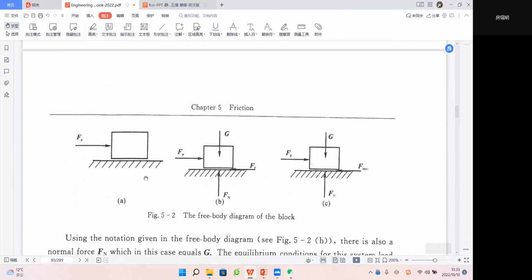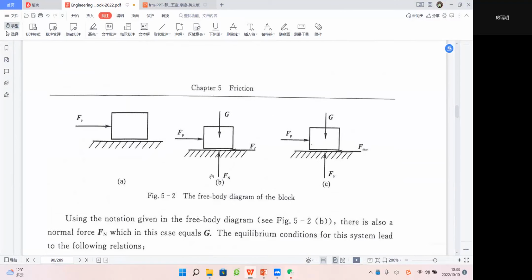So you can see this picture. Imagine that we have a horizontal plane and we have a box. This is the active force maybe applied by us onto this object. You can see this force has a tendency to let this box move along the positive direction of x, right?